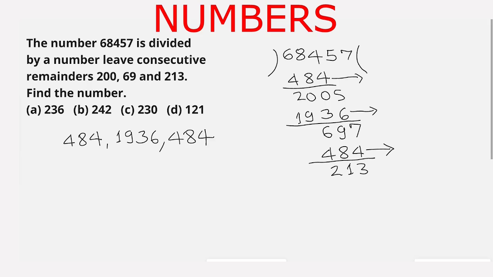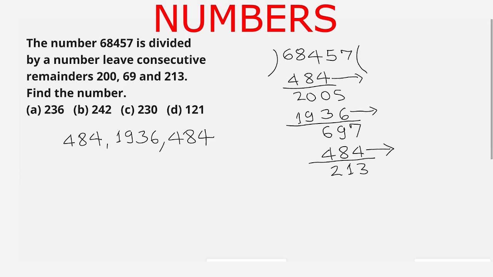Our divisor must be greater than 213, which is the last remainder, and all these numbers are greater than 213. So the divisor can be 484 or a factor of 484 which is greater than all the consecutive remainders.